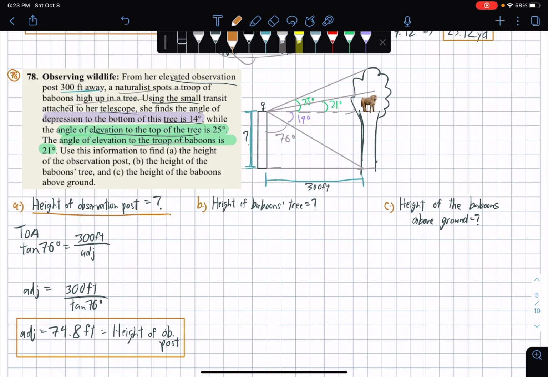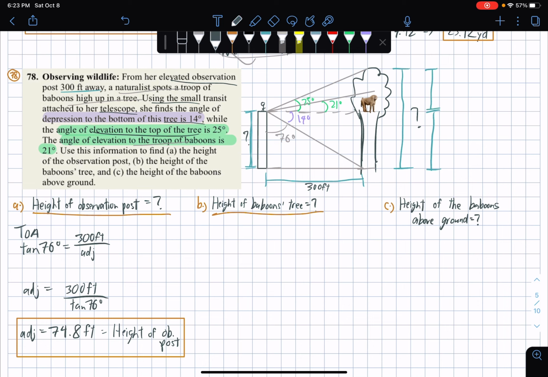Let's move on to letter B. What is the height of the baboon's tree? So this is what we're looking for. In order to solve for that, I think it's pretty obvious that you've already known the height of the observation post. It's basically this one. But what we're looking for this time is this.